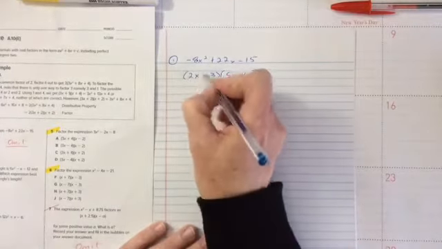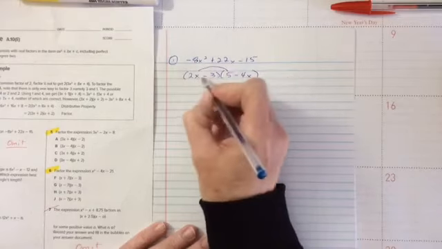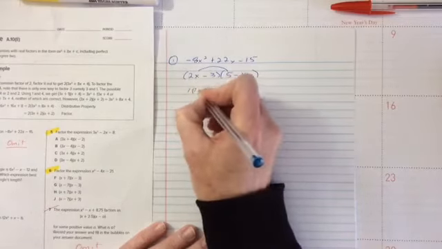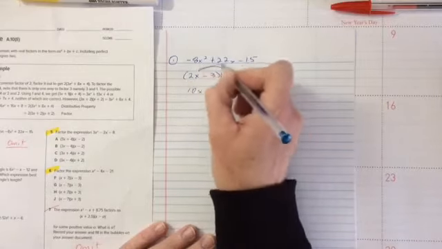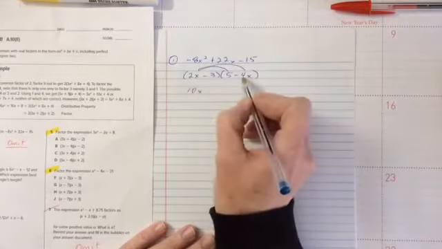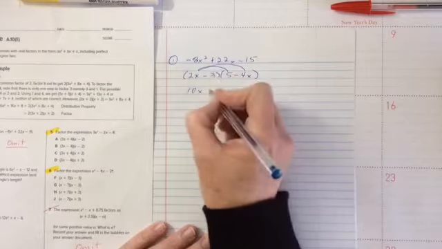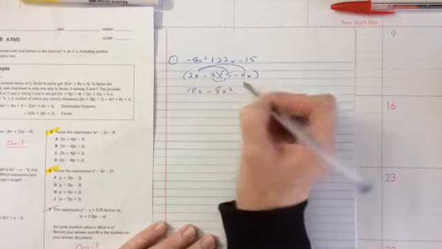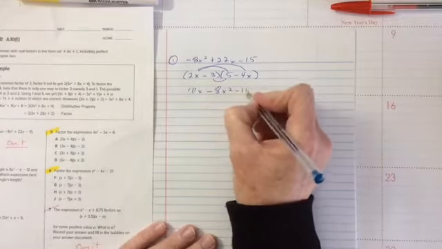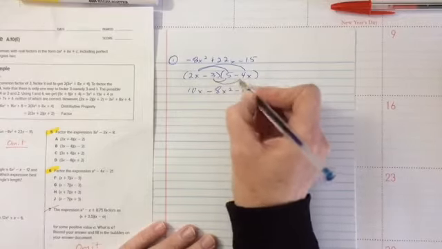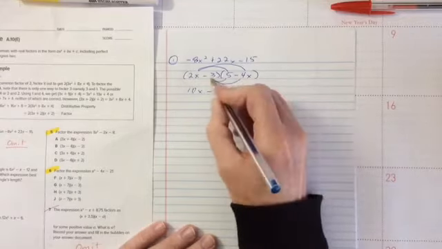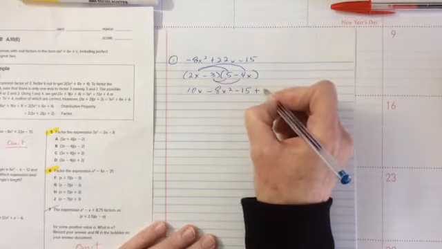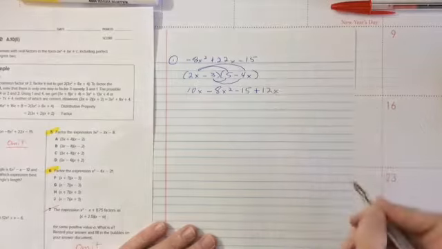So anyway, we're going to multiply 2x times 5, and that gives us 10x. Then we're going to multiply 2x times negative 4x, and that'll give us our negative 8x squared. When we go this way, we have a negative 15. And when we go this way, a negative times a negative gives us a positive 12x.